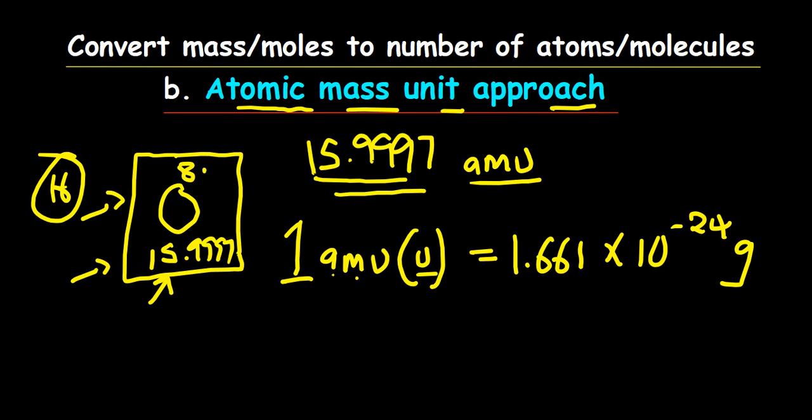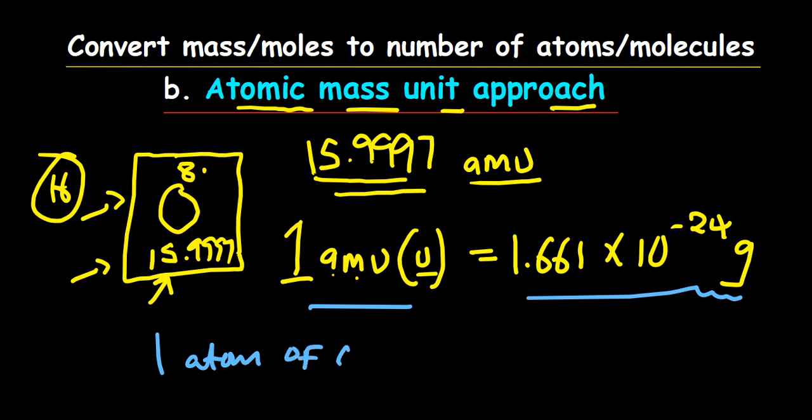So that's the equation that we are going to be using here. One atomic mass unit is just equal to whatever we have here. So when you go on the periodic table and you get one atom of oxygen, how many atomic mass units is it going to have, or what is its molar mass in short?